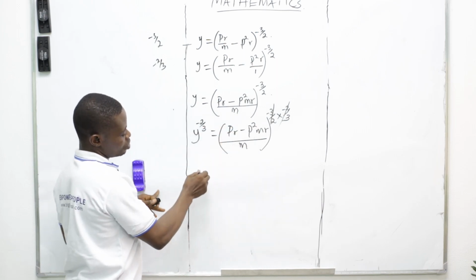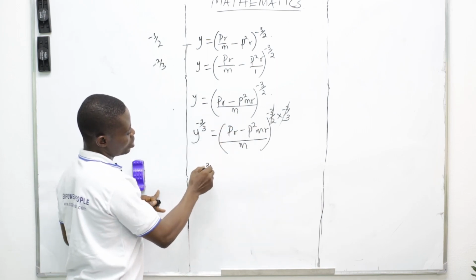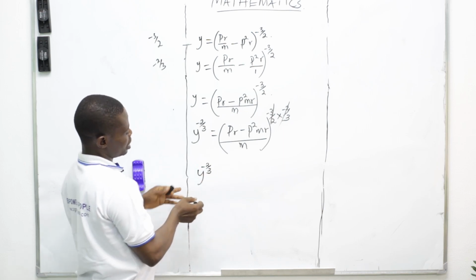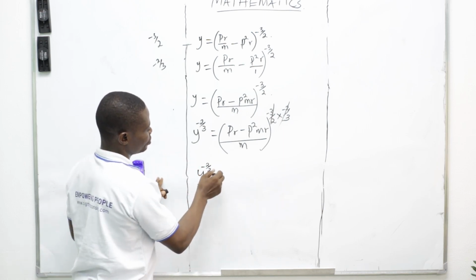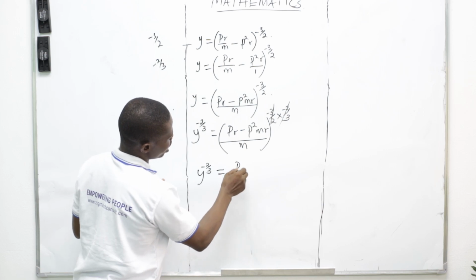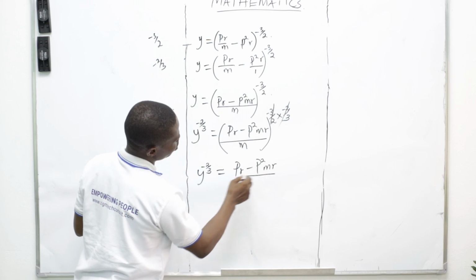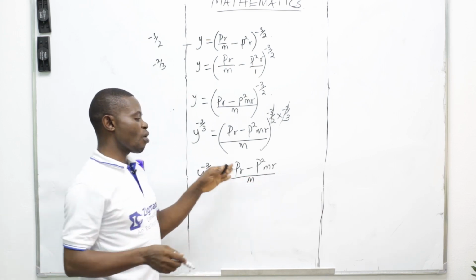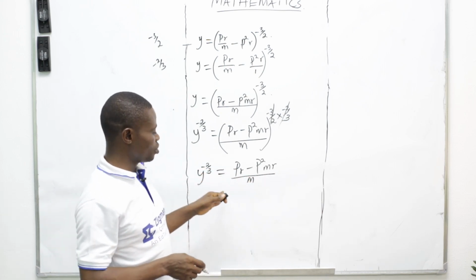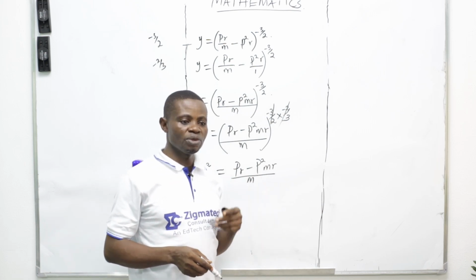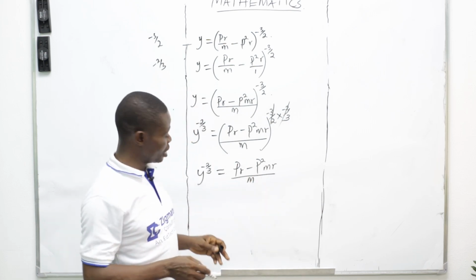So what do you have next? You have y raised to the power minus 2 over 3 equals PR minus p squared mr all over m. Recall, our interest is to make r subject of the formula.